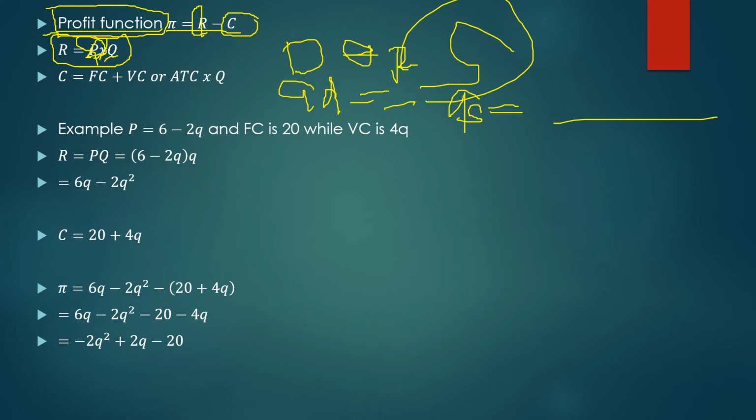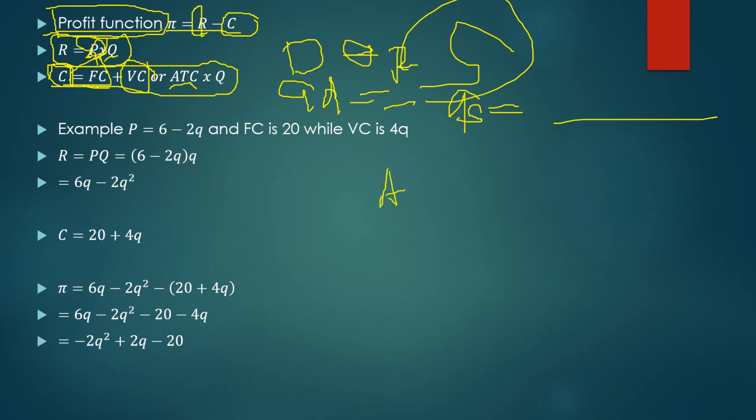Now we have here the cost function. How are we going to derive the cost function? We have the fixed cost, FC, and the variable cost, VC, or if there is no such thing as fixed or variable cost, and yet the average total cost was mentioned. Average total cost is multiplied by the quantity, and you will also have your cost. How is the average total cost derived?